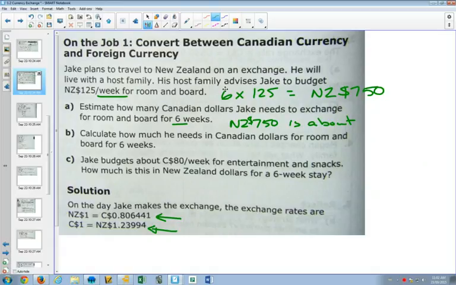So some things you can do for estimates. If you know that $1 is 80 cents, 100 New Zealand dollars would be about $80.